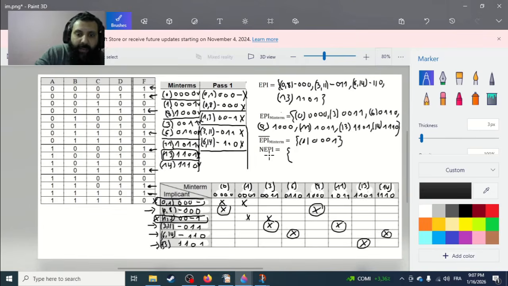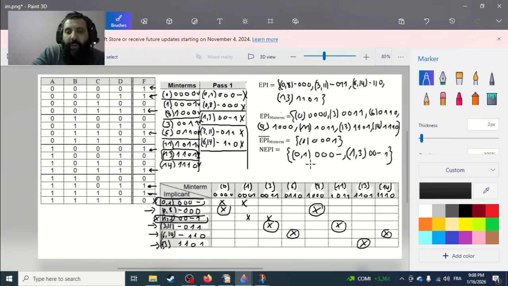Those are the non-essential prime implicants. We have 0, 1, which is 0, 0, 0, dash, and this one is 1, 3, which is 0, 0, dash, 1. Okay, we have 2.